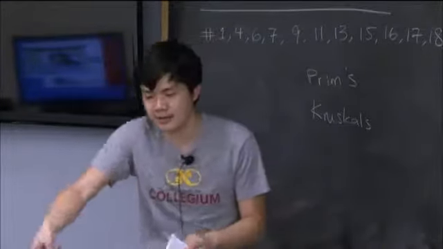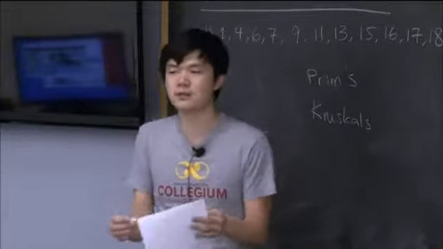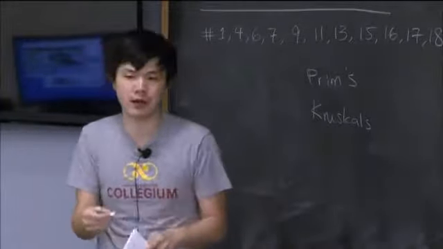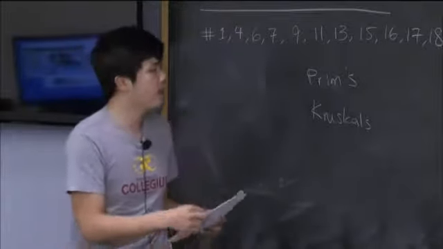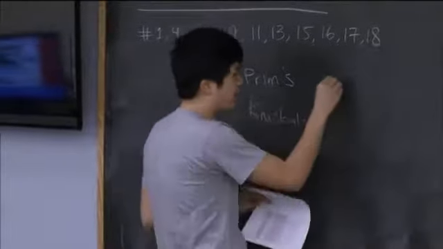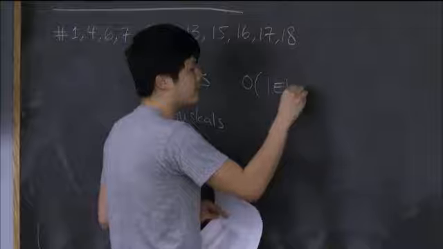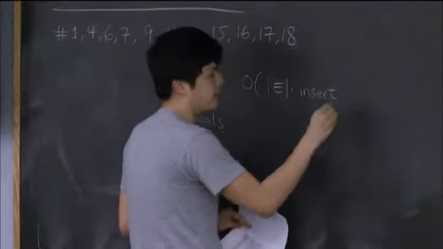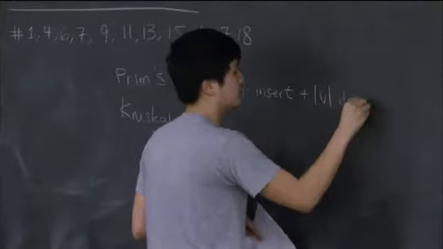Once I add an edge to my tree, I'm going to update the heap to find the shortest distance from my tree to every particular node. So the runtime of Prim's algorithm was very similar to that of Dijkstra's, something along the lines of O of E times the time for an insert into the heap, plus V times the time for a delete min.